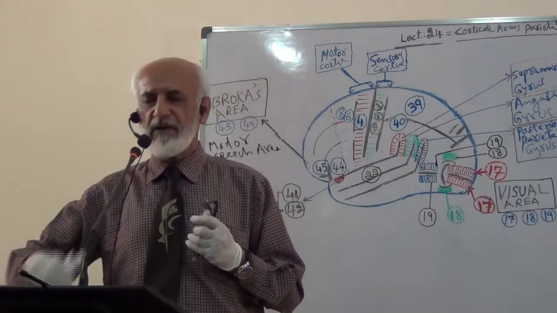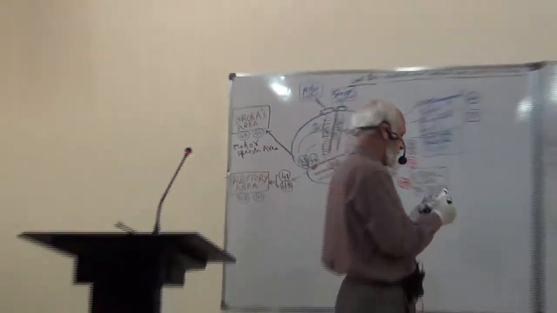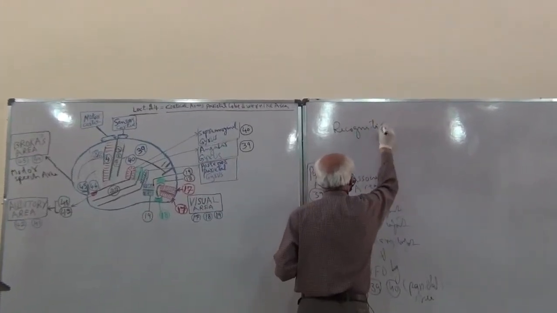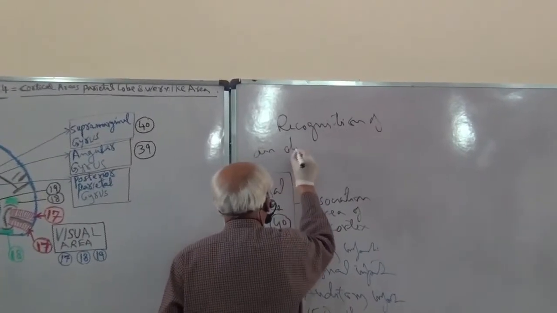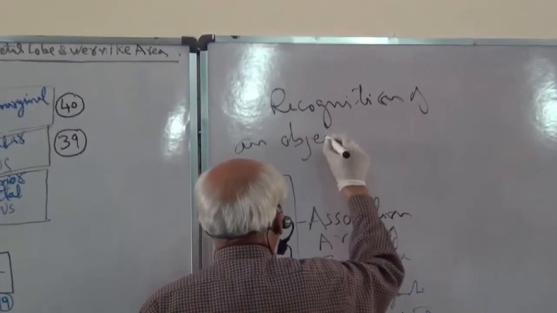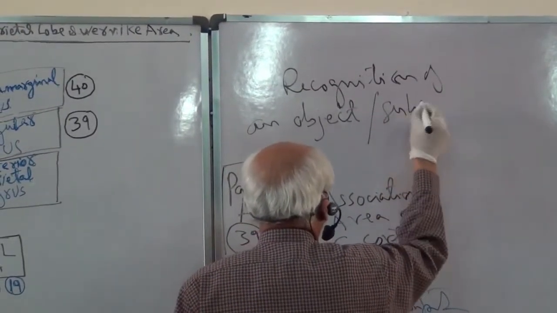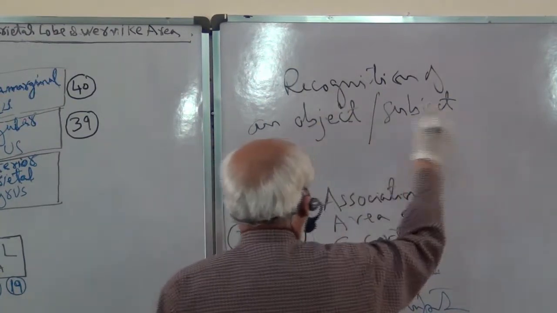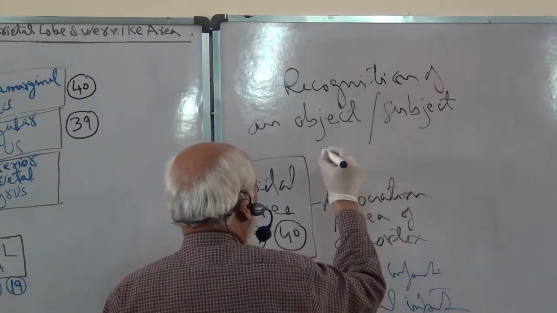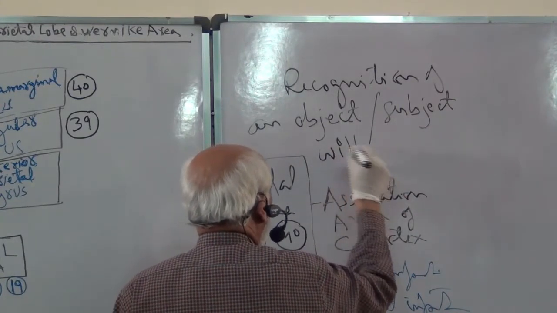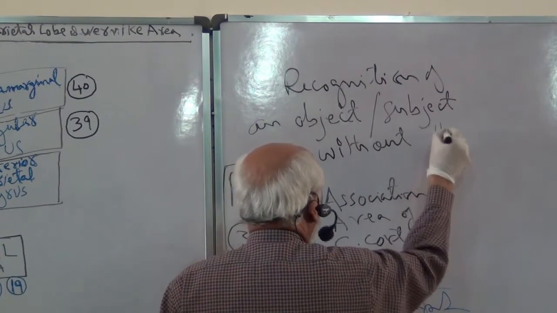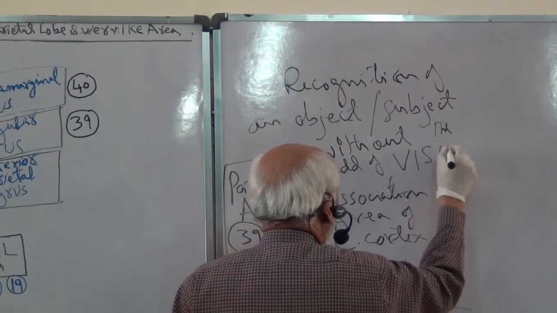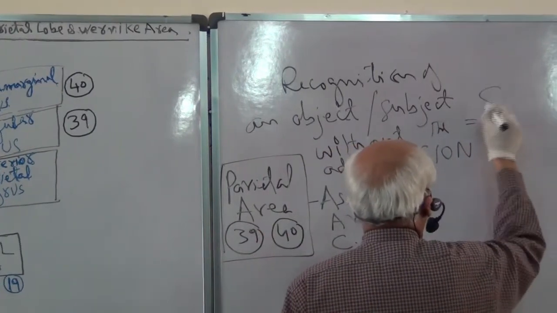So, recognition of an object or subject, maybe a human body, maybe an animal, maybe an object, without the aid of vision, without seeing it, is known as stereognosis.